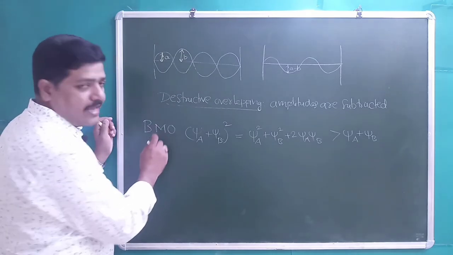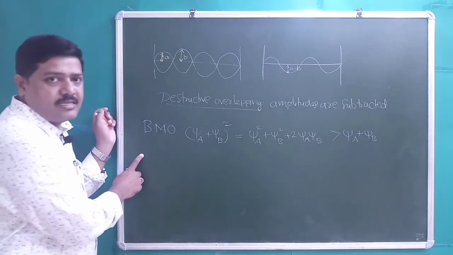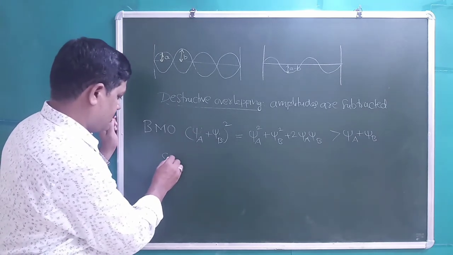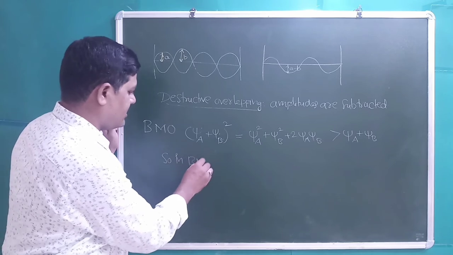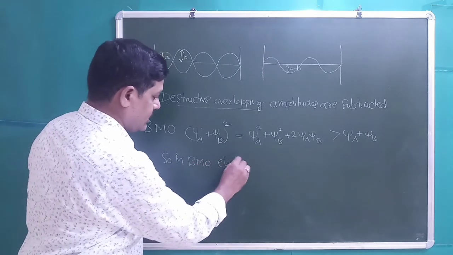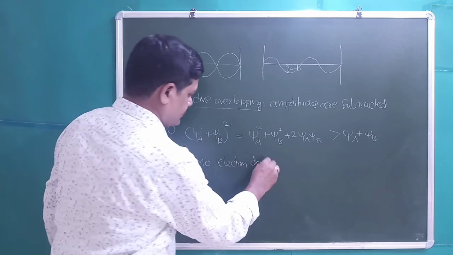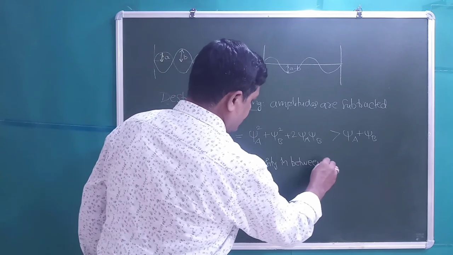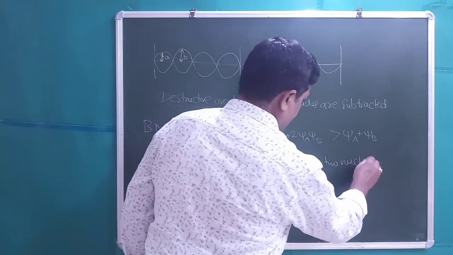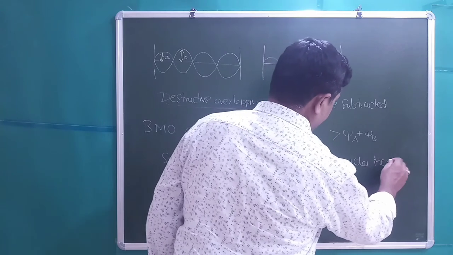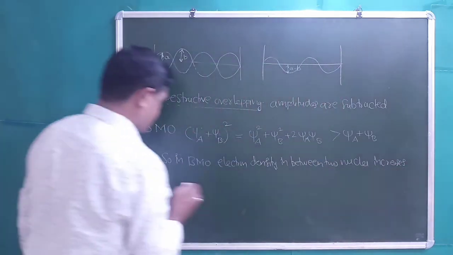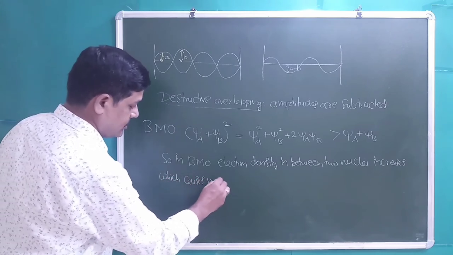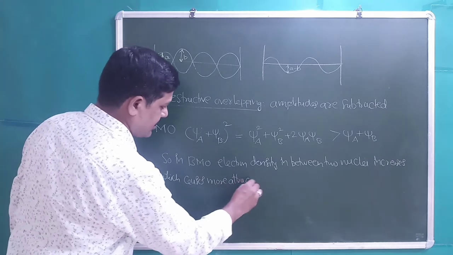So in bonding molecular orbitals, the electron density in between the two nuclei increases, which causes more attraction between the atoms.